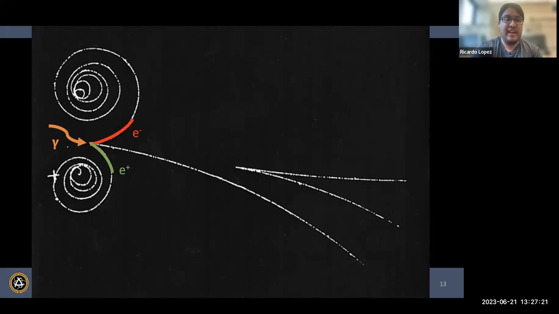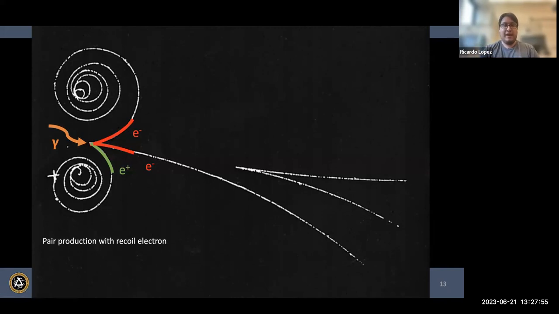Because of that, the electron and positron end up spiraling, following along the magnetic field lines, and ultimately annihilating at the conclusion of their path once they've slowed down. But in this particular case, we have pair production in addition to one of the electrons from the original atom in the space being recoiled, which is why you see this track here corresponding to the recoil electron.